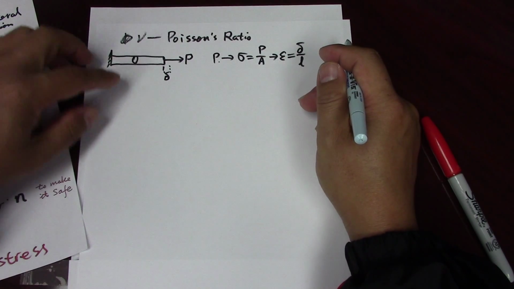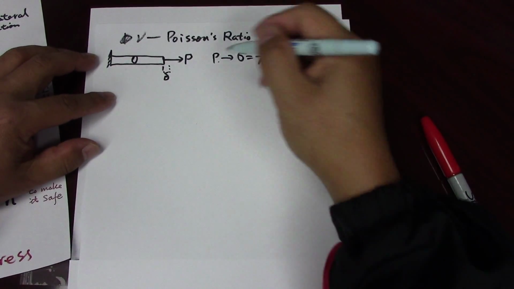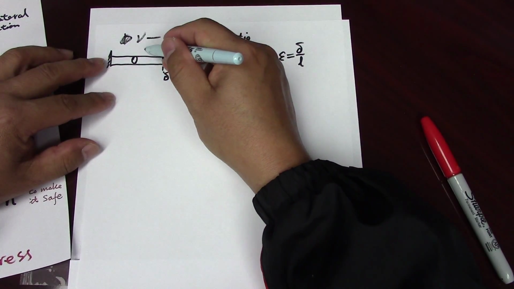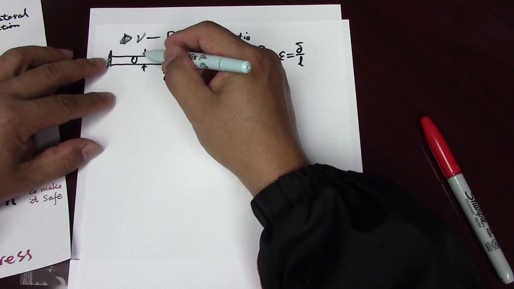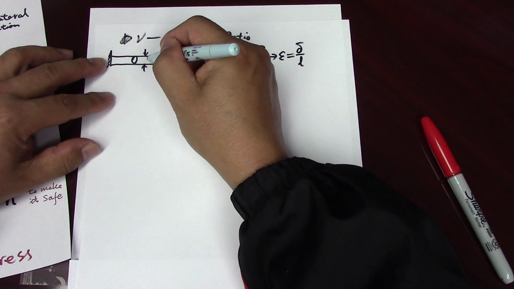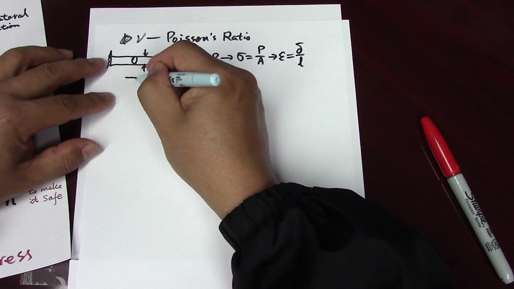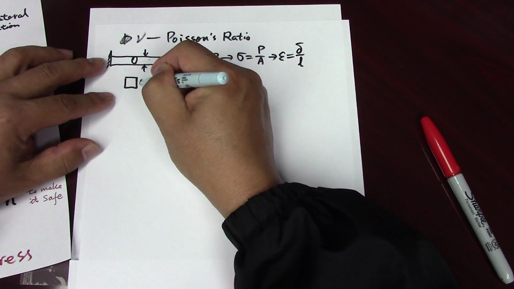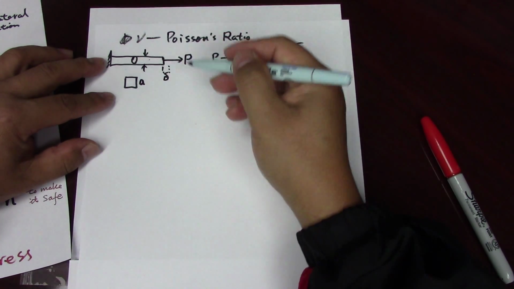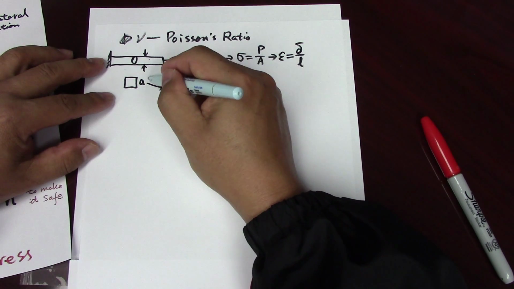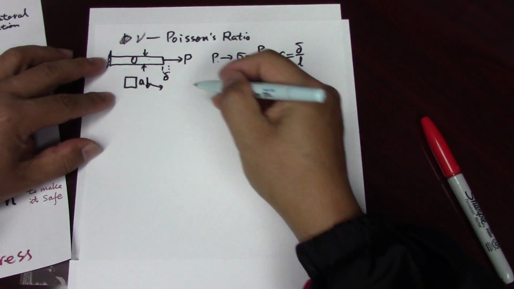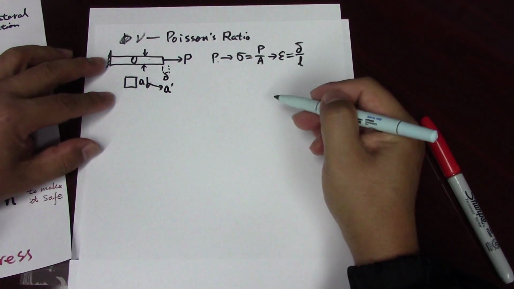However, in this lateral direction, similarly, the area of this dimension, let's say it's a square, right? So initially you have a size, let's say the cross section is like this. Okay, so the size is A, right? So when you stretch it, the A will decrease to be smaller, to a different A value.